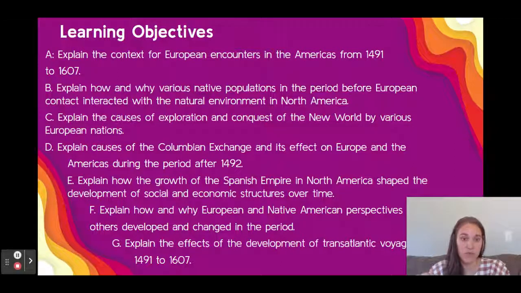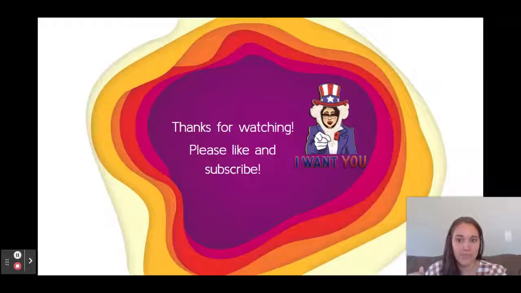Why did they want to go to the Americas, or how did that happen? So take some time to literally read each objective and write a couple sentences. That is one of the best things you can do to tell where are the parts of the curriculum that you're not quite there yet and which ones you need to just study a little bit more.